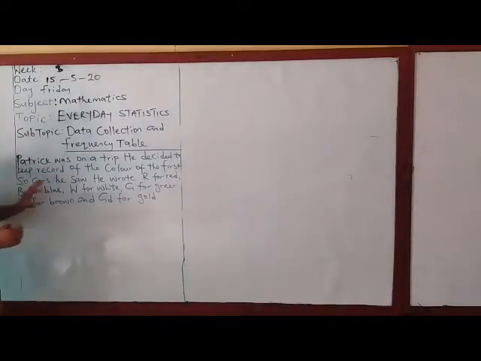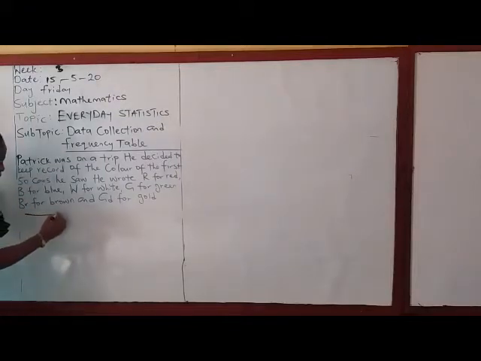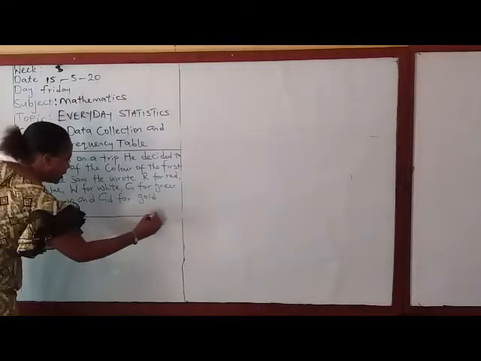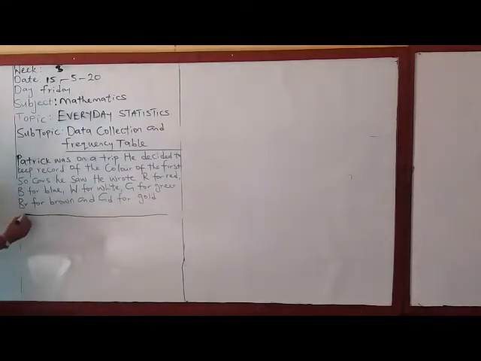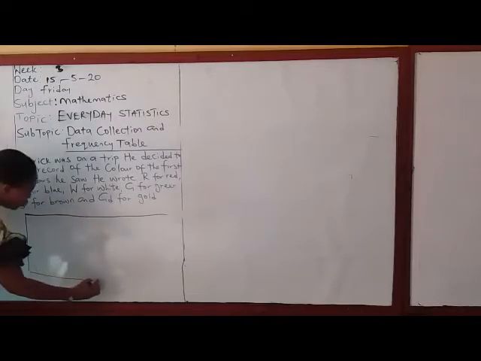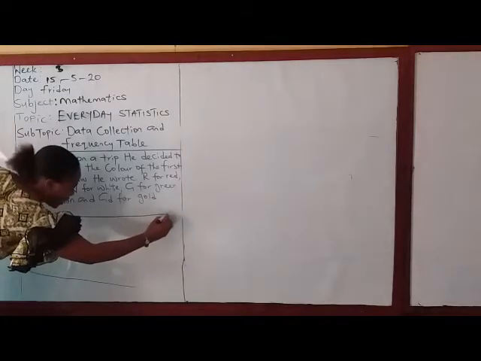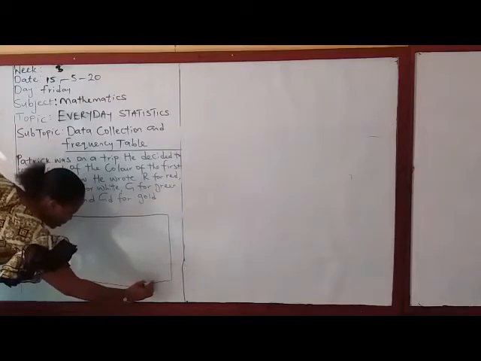Now, first of all, let us arrange this in a tabular form. We draw a table for this. This is how the table of Mr. Patrick looks, the table he drew in his exercise book. You can see he was embarking on that journey.